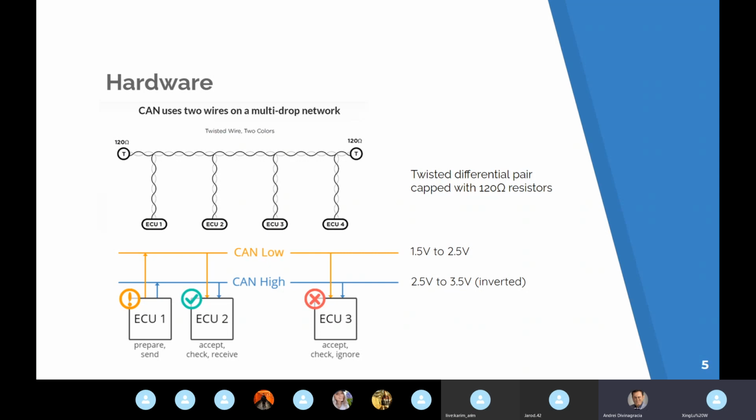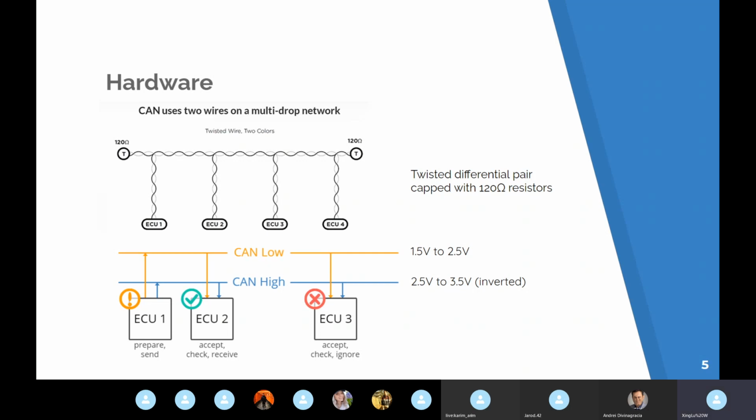Yeah, question. What's up with the 120 ohm resistor? I know it signals the end of the bus, but how does it do that? How is it smart enough to do that? I'm actually not sure. I just know that 120 is an industry standard that they use to tie it together.